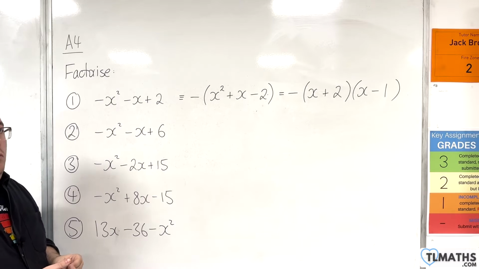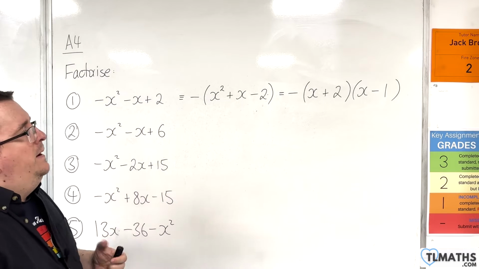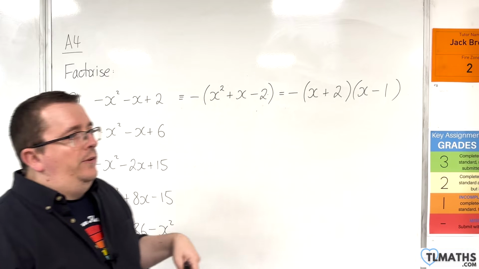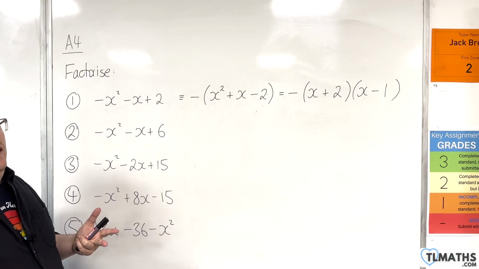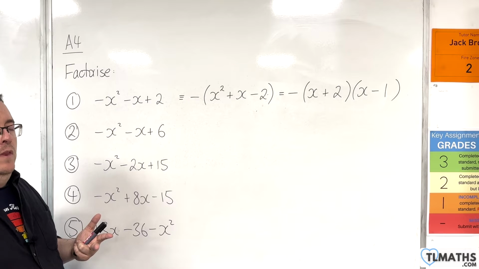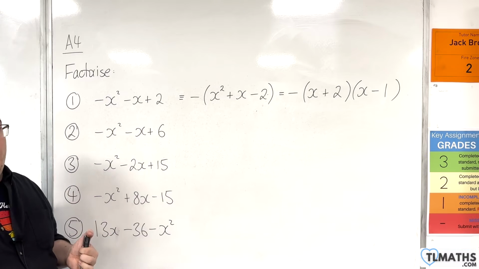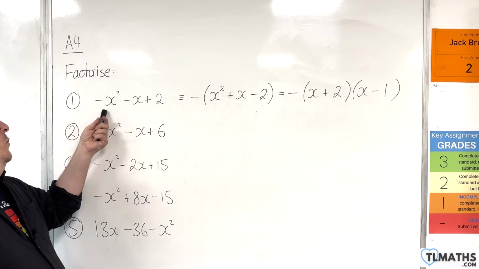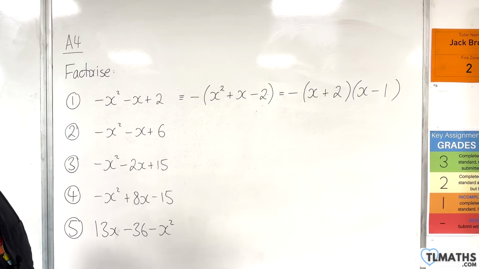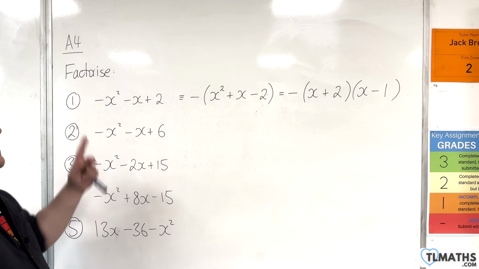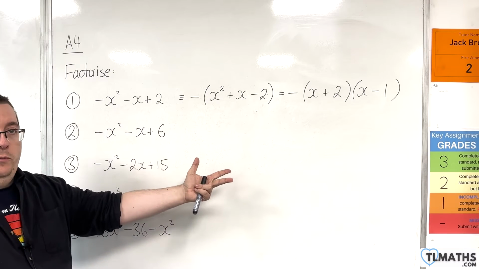Now, this is one way of doing it. But that's not really going to help me a lot when I've got minus 2x squared or minus 5x squared or minus 8x squared out the front, rather than just minus 1 lot of x squared. If it's just minus 1 lot of x squared, I could do it this way.